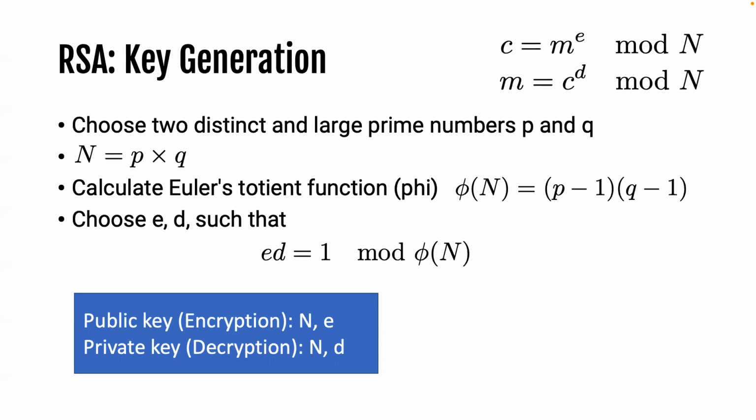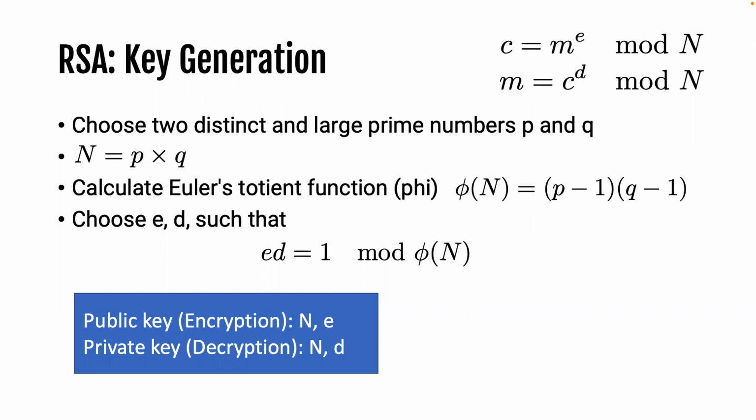In this way, we have this totient function, phi of n, and we want to find a pair of E and D such that the multiplication of ED mod phi of n is equal to 1. Then you have this n and the encryption key E as the public key, and the big number n again with the decryption key D as the private key.